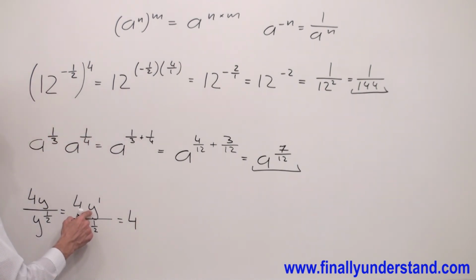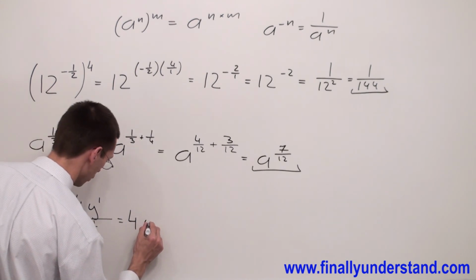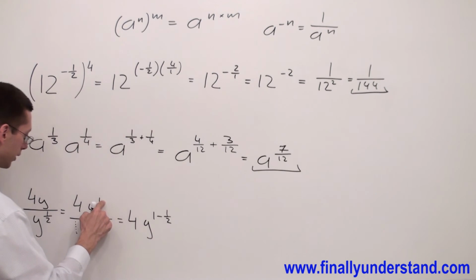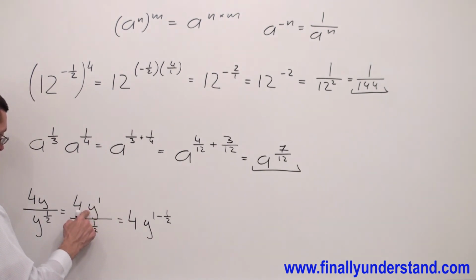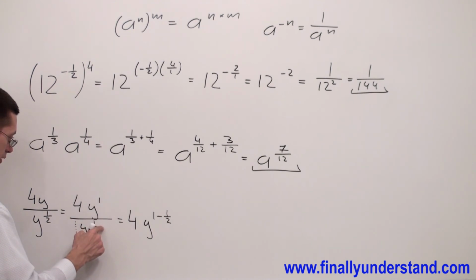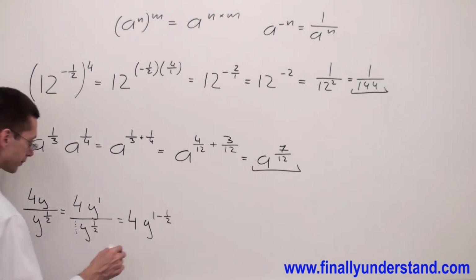Next, anytime you divide numbers or variables which are the same, we're supposed to keep the base and subtract the exponents. That's why I'm going to have y to the 1 minus 1/2. Because y and y have the same base, I have to subtract the exponents anytime I divide.